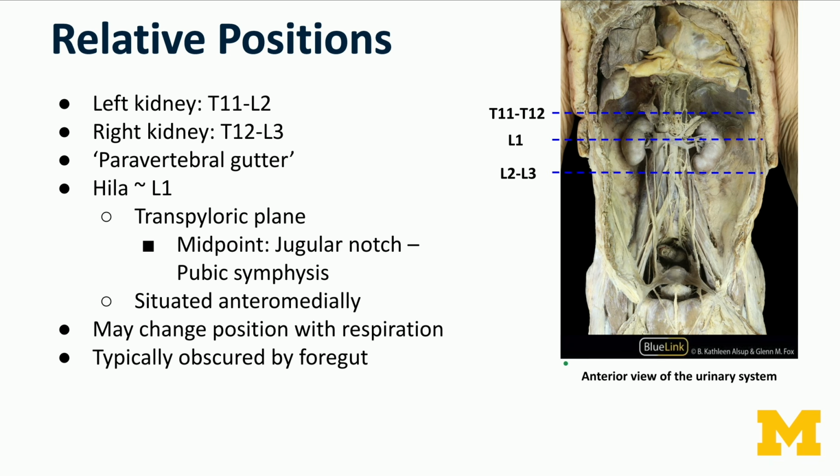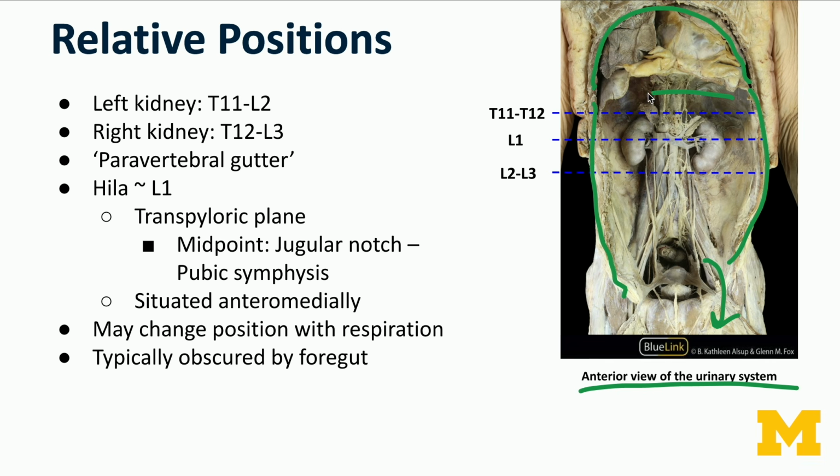So for us to appreciate this anterior view of the urinary system, we would first have to do quite a bit of dissection. The anterior and lateral thoracic wall has been removed. The lateral and anterior abdominal wall has been incised and reflected downward.